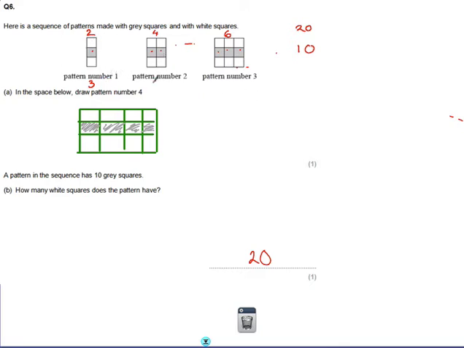This one has 6 total squares, 9 total squares, and you can tell this is going up in 3s. Pattern 4 would have 12, pattern 5 would have 15.